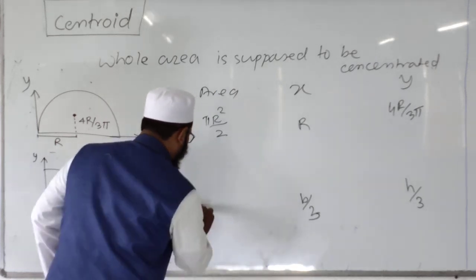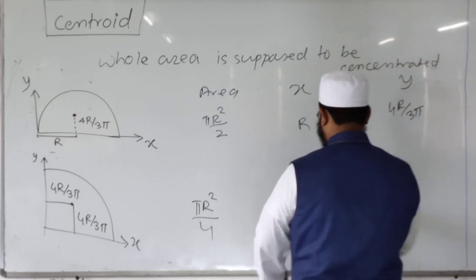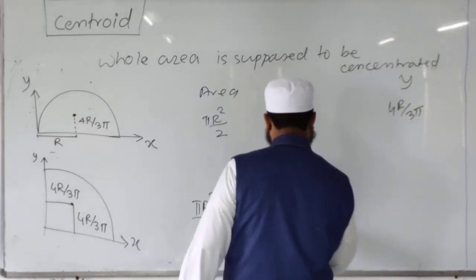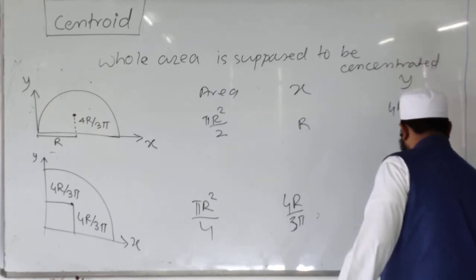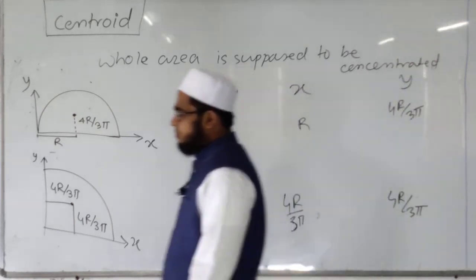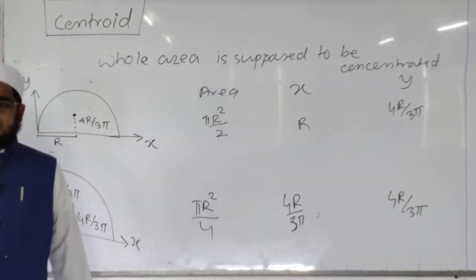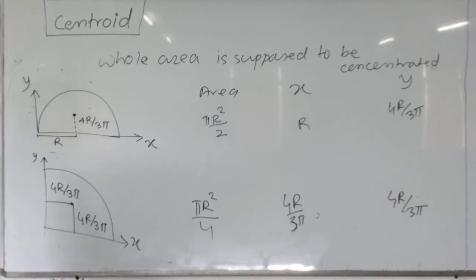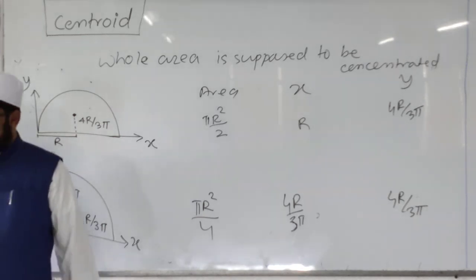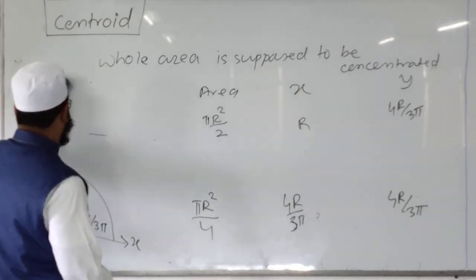The area is given by pi r square by 4, and x and y are given by 4r by 3 pi, and here also 4r by 3 pi. These are the standard figures and the centroid from reference axis we have to use: semicircle, quarter circle.